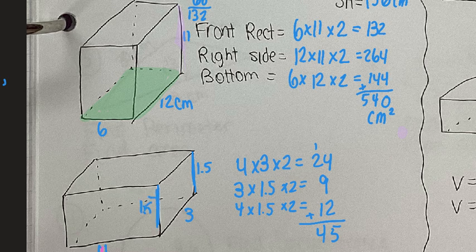Oh, I guess I did the bottom. This is actually the bottom and top, and this is the front and back. But see, it doesn't really matter. Who cares? There we go. And so I did 1.5 times 2 is 3, times 4 is 12. And then I added them all up. I don't have units. Let's say these were feet. This would be feet squared.